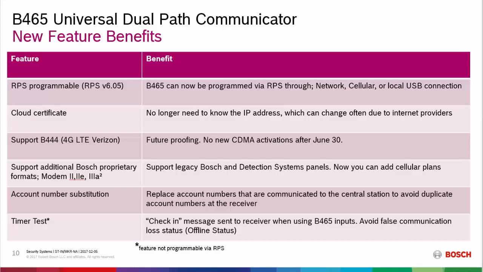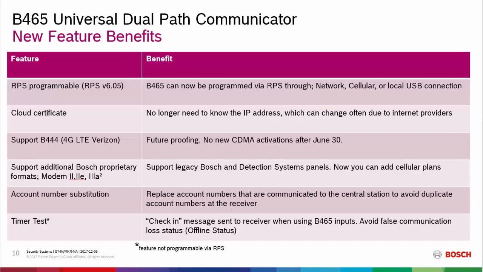Account number substitution is the next feature we added. This was kind of an issue for some of our customers when the 465 launched. They would add a 465 to a host panel, and the way it worked, it would just pass through whatever account number was programmed in that host panel. So for our customers and dealers that didn't have the ability to reprogram that host panel, this became problematic when they had it reporting to a Bosch receiver that already had something with the same account number.